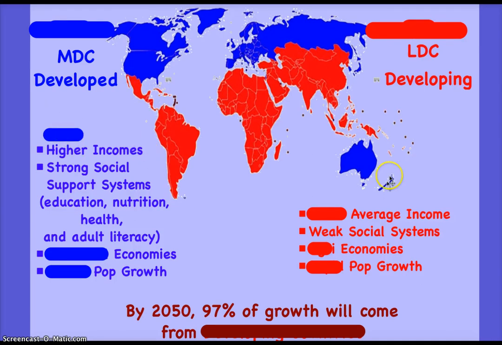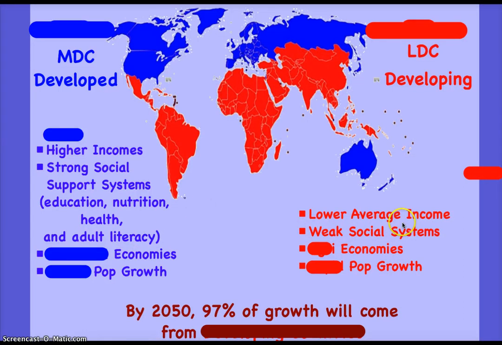More developed countries have higher incomes than less developed countries. They have what's called a strong social support system, which means, and I'm talking about more developed countries, they have higher education, more opportunities for education, better healthcare options. People go to school and they get jobs. It's part of their life. So that leads to a lot of changes versus less developed countries.